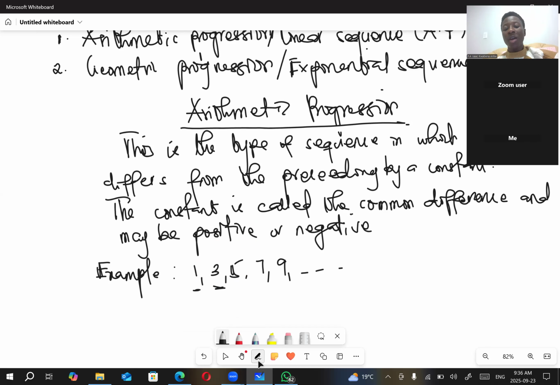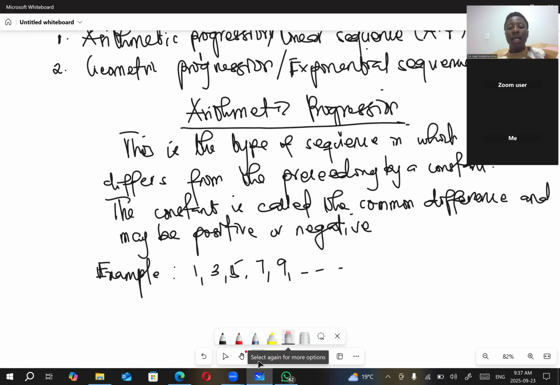If you're looking at 5 and 3, 3 is the precedent. 3 came before 5. Do you get it? In arithmetic progression, there's a type of sequence where any term differs from the preceding term by a constant. And that word constant should be taken seriously.